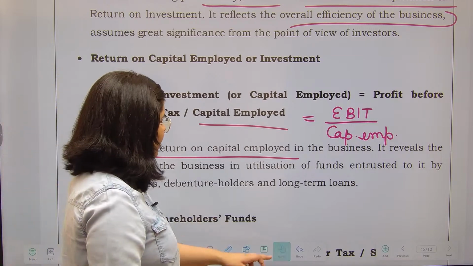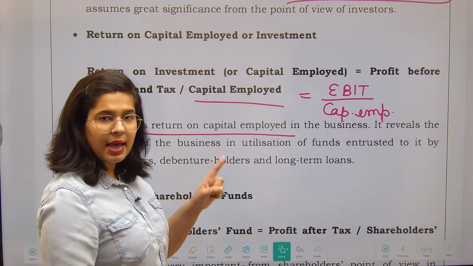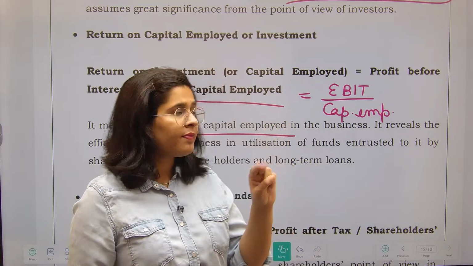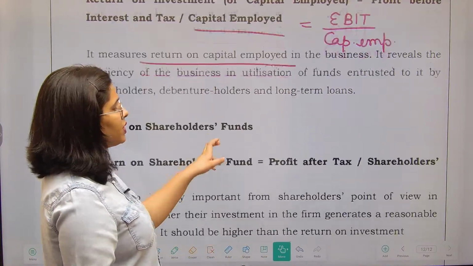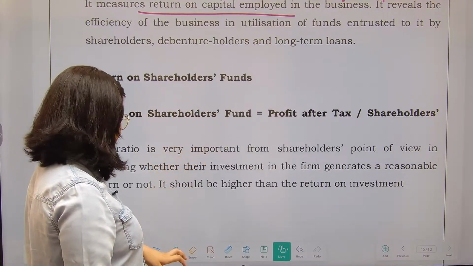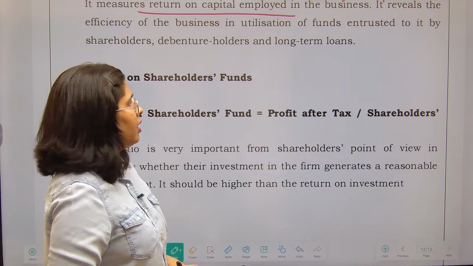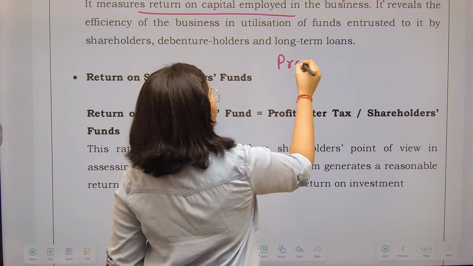After that, we have return on shareholders' fund. Capital employed is the sum of shareholders' fund plus long term debts. This is a comprehensive measure. But now I want to see what is the profit that is available for my shareholders. Suppose this is the profit I have earned.